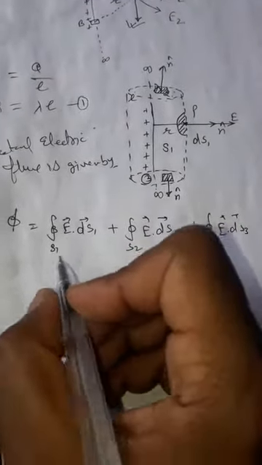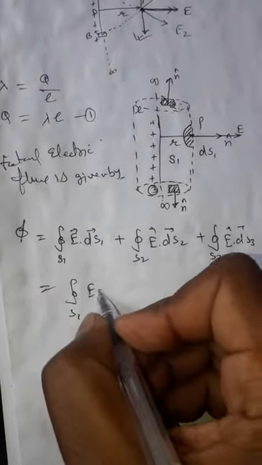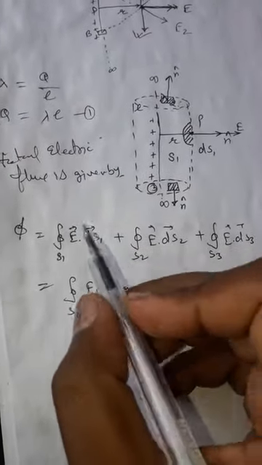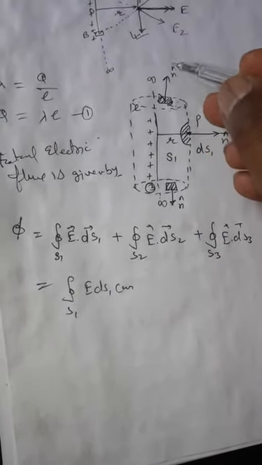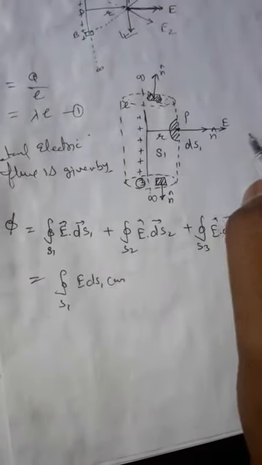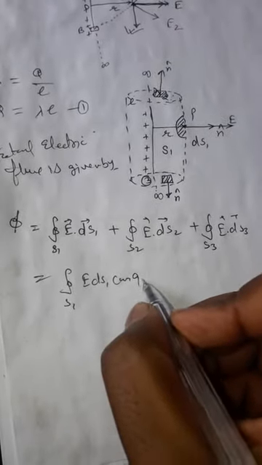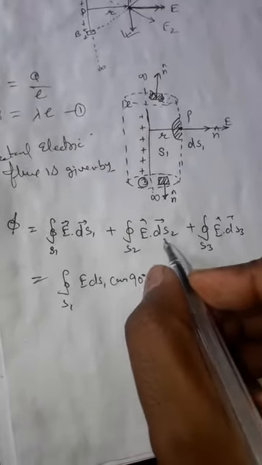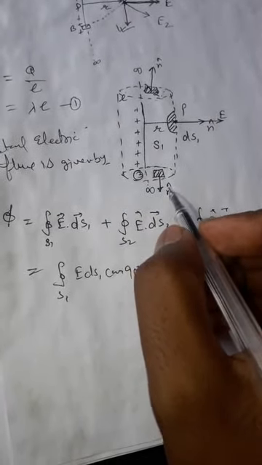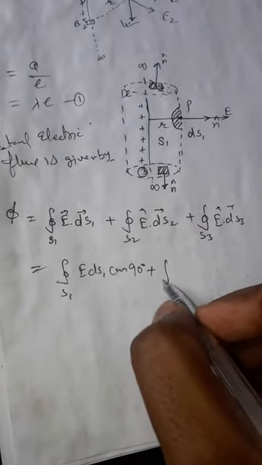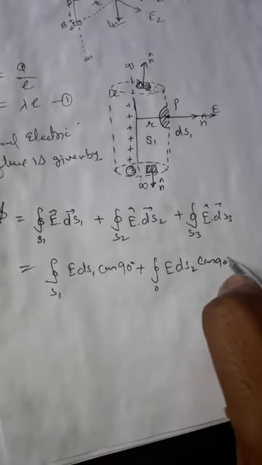Now this must be written as E ds1 cos theta. For the first surface, the area vector has direction vertically upward and the electric field is horizontal, so the angle between them is 90 degrees. So we can write E ds1 cos 90 plus. Similarly, for the second surface, the area vector is vertically downward and the electric field is horizontal, so again the angle is 90 degrees, represented as E ds2 cos 90 plus.